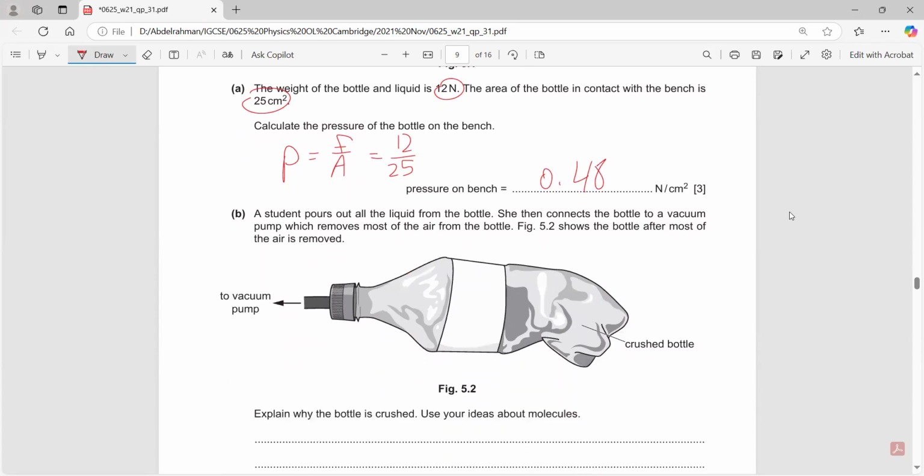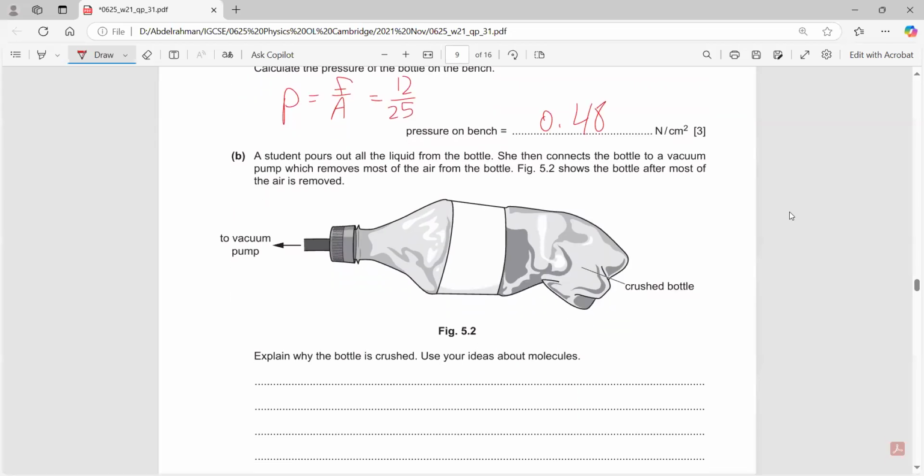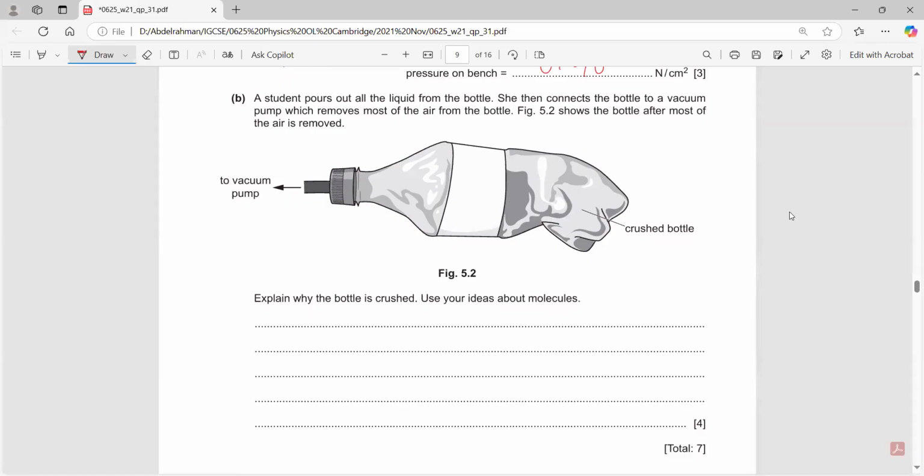Yasmin pours all of the liquid outside the bottle. She then connects the bottle to a vacuum pump, which removes most of the air from the bottle. Explain why the bottle is crushed. Use ideas about molecules. If you think about molecules, how do air molecules move?